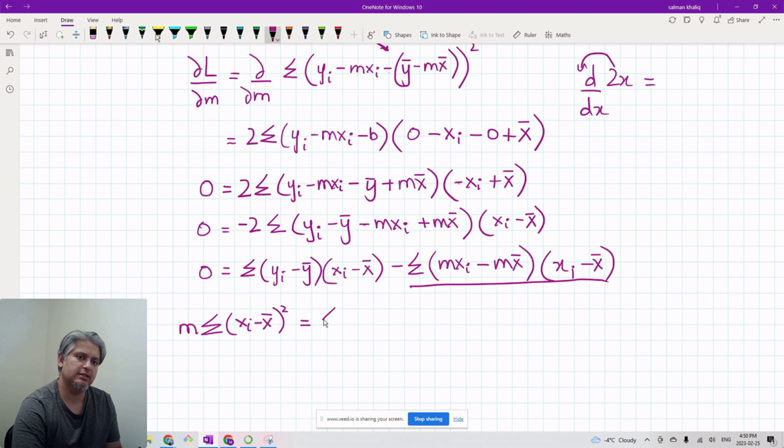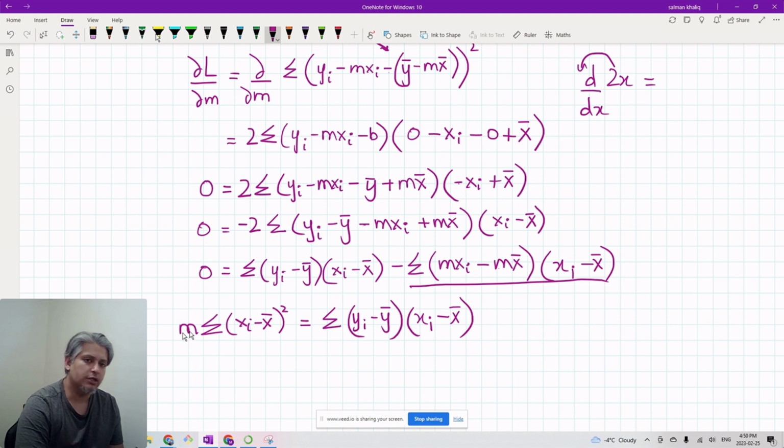Equals. Then I'm left with summation yi minus y bar times xi minus x bar. I wanted an equation for M, right? So I can cross multiply this part to the other end and I will get something like this.